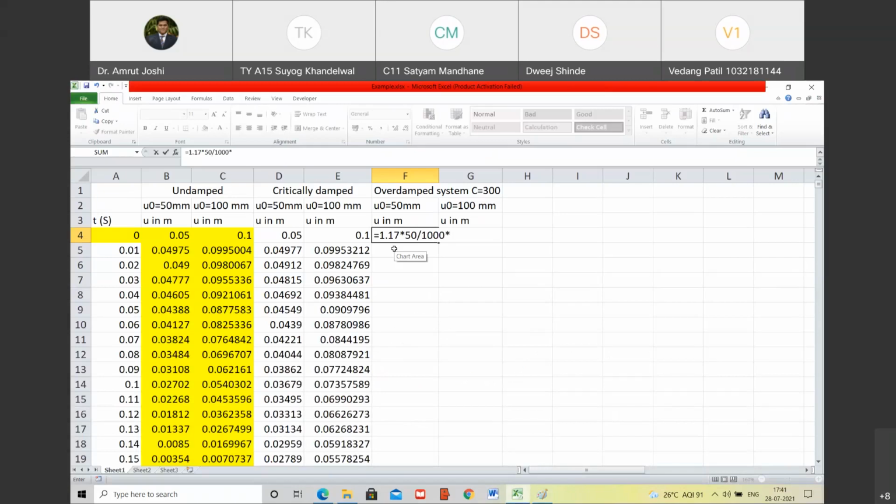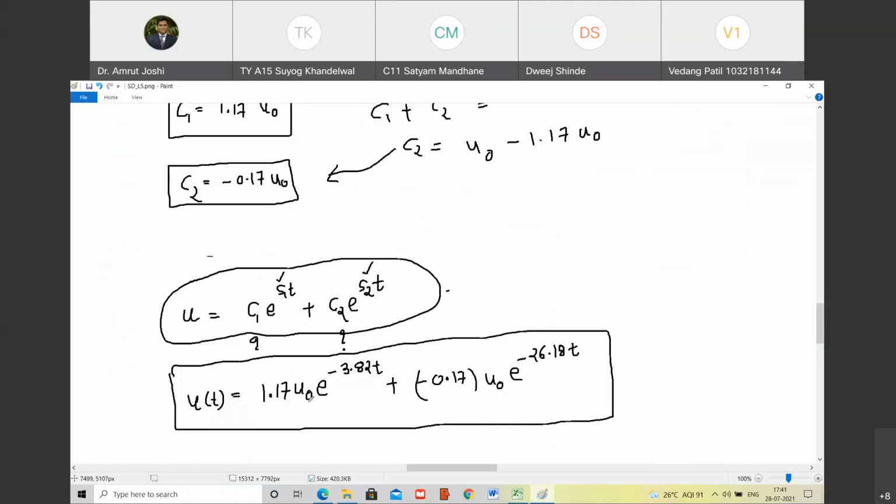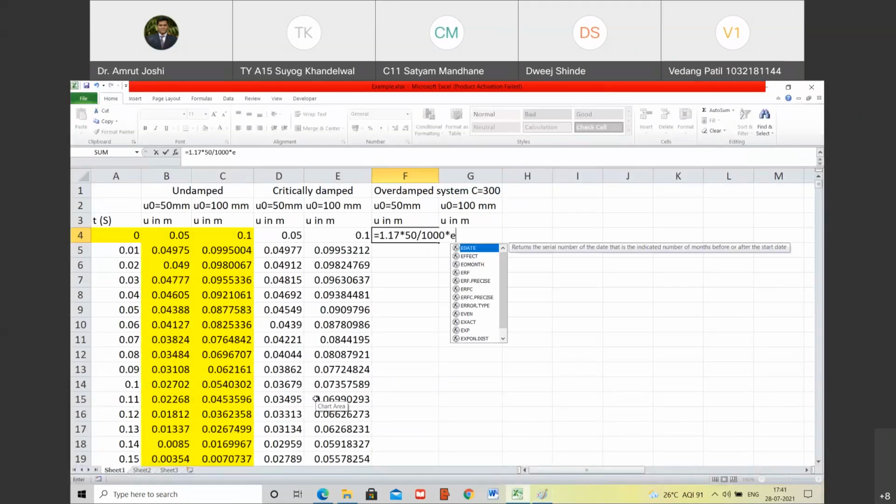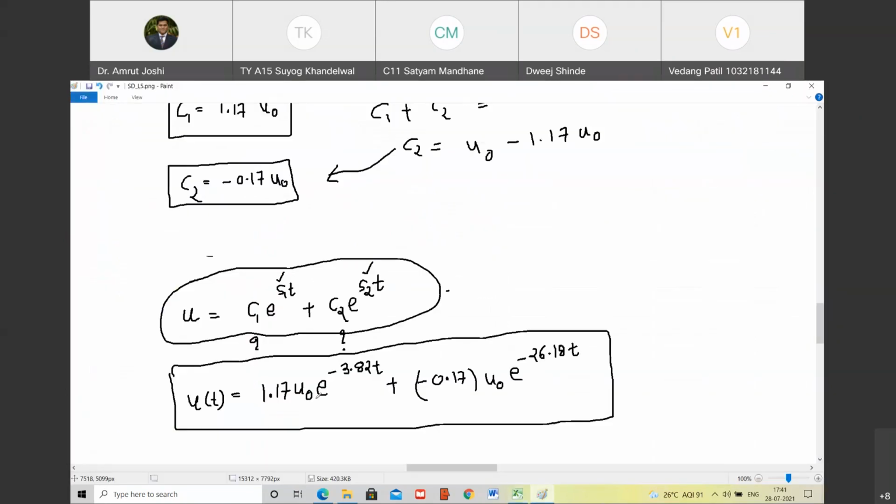This multiplied by. You need not put this in a bracket. Division occurs first and then multiplication occurs. Are you with me? Yes, sir. So 1.17 into 50 by 1000 is the value of U0, multiplied by the exponential. E raised to, meaning exponential. What is E raised to? E raised to minus 3.82.